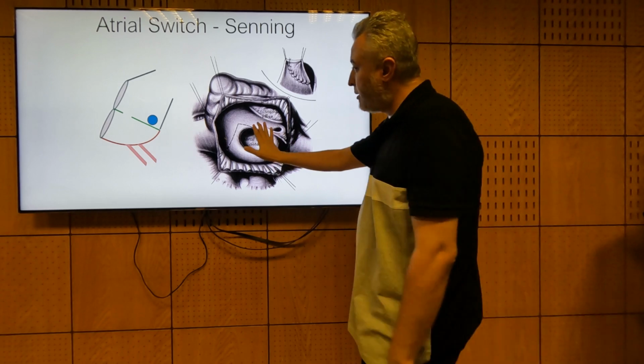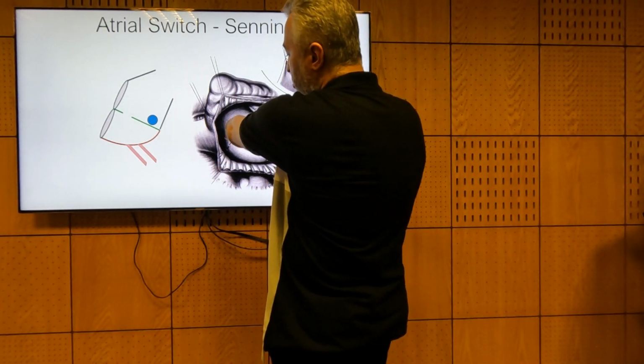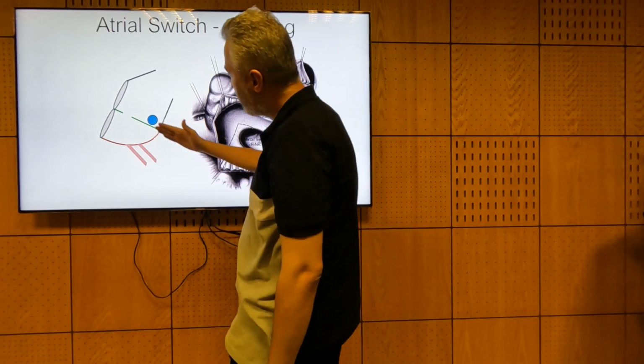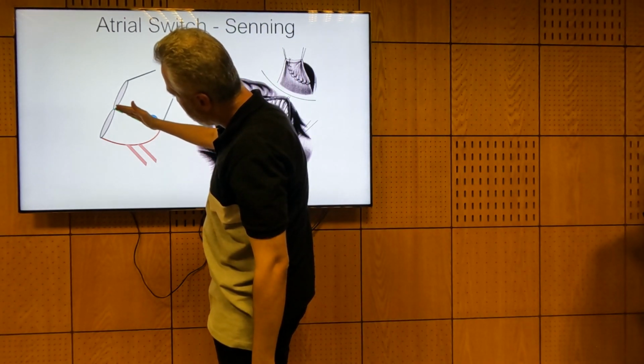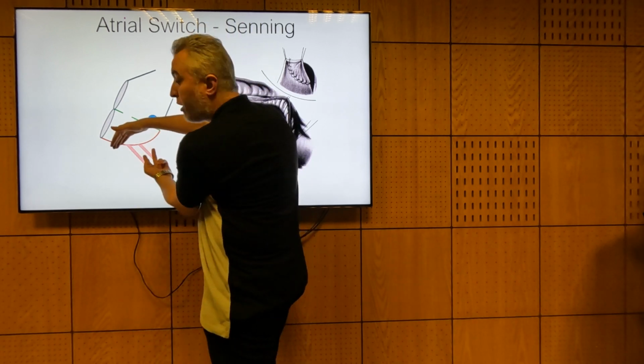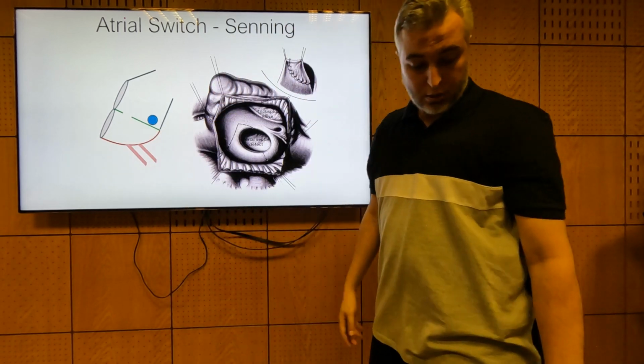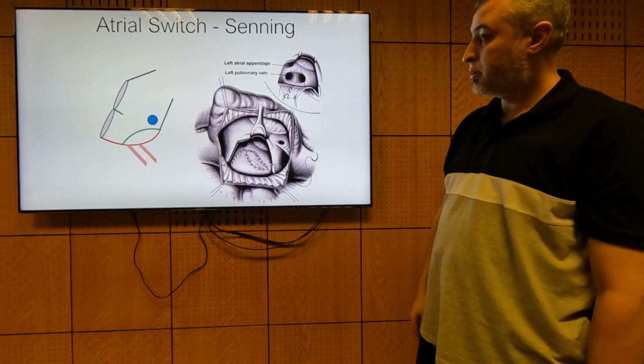And then after creating that flap, we actually cover all the ostia of the pulmonary veins. So as if this is cut as a flap and covers these, so that all pulmonary veins now will be just covered into a closed chamber. There.